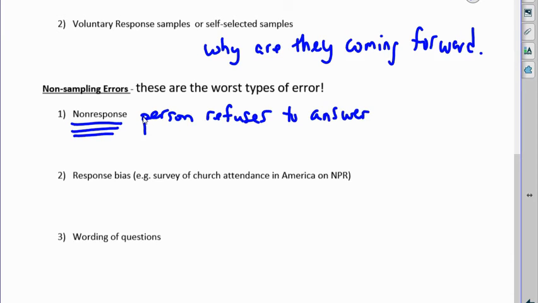Some people tended not to answer, but they tended to support Trump. So that meant that we had bias that underestimated the support for Trump because of the nonresponse of the people. So people have refused to answer, or maybe they're incapable of answering.